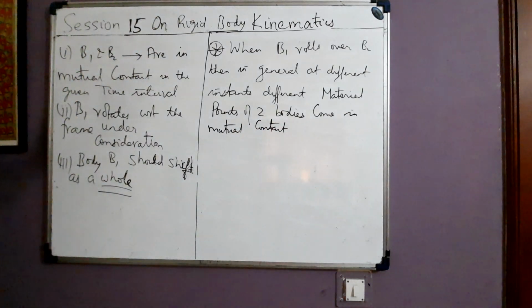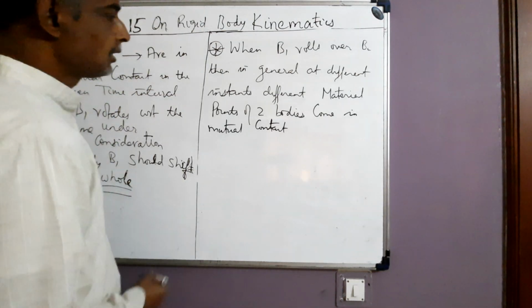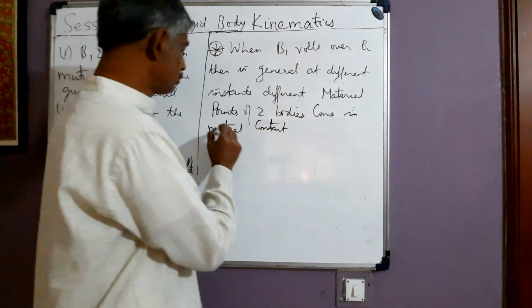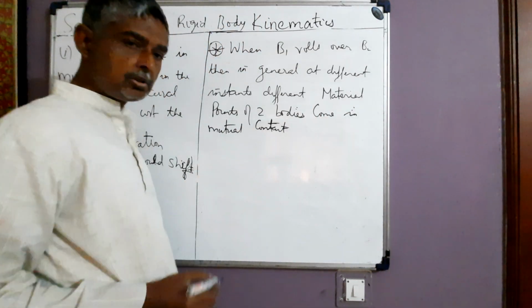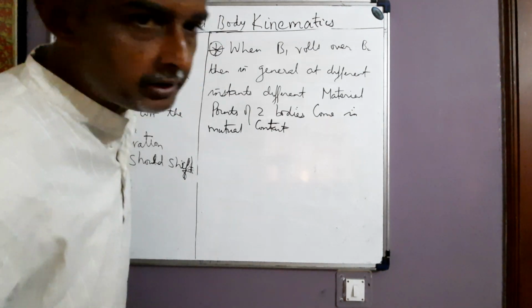Okay, this is a point to be noted down. This is a point to be observed. Fine. Then, in general, different material points of two bodies come in mutual contact, at different instants of time.